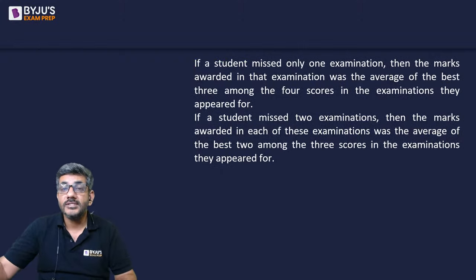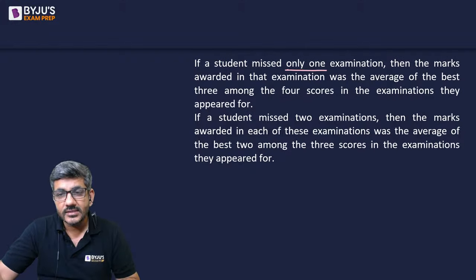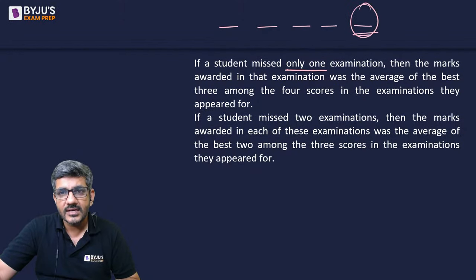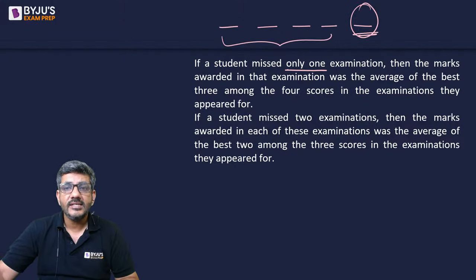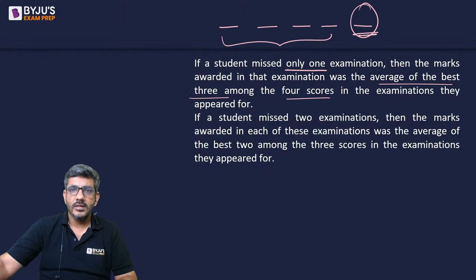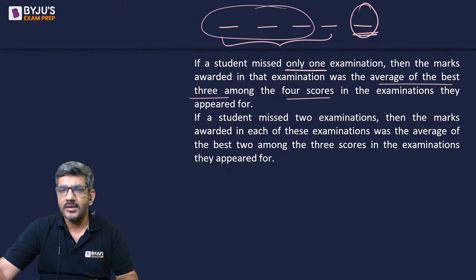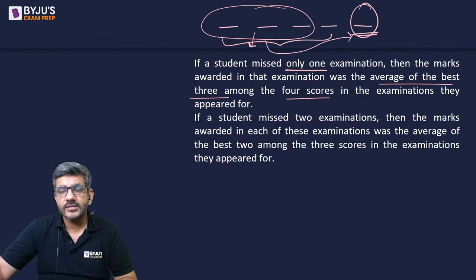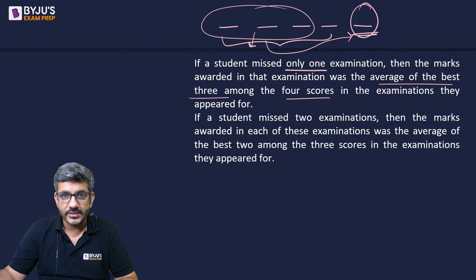If a student missed only one examination, then the marks awarded, I mean there are 5 subjects. A student missed one of the examinations. Let us say he missed this. So that means he appeared for 4. Then they say, take average of the best 3 among the top 4. I mean, let us say these are the top 3 scores. Average of these would be given as a score in this 5th examination.